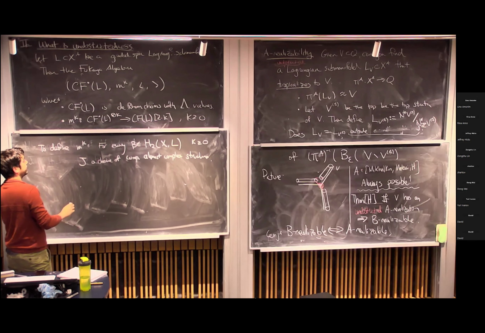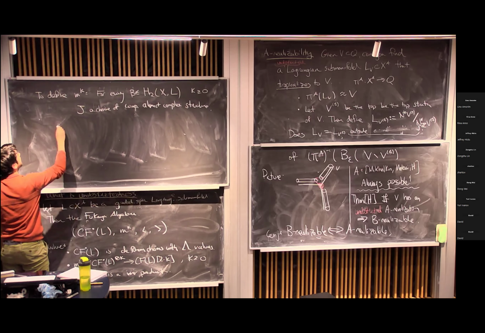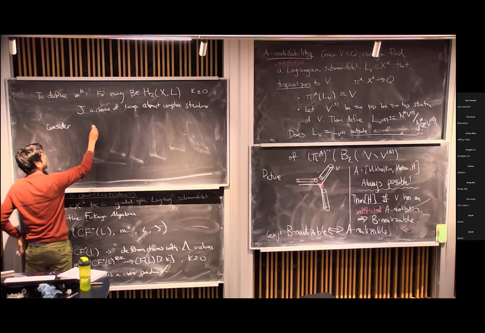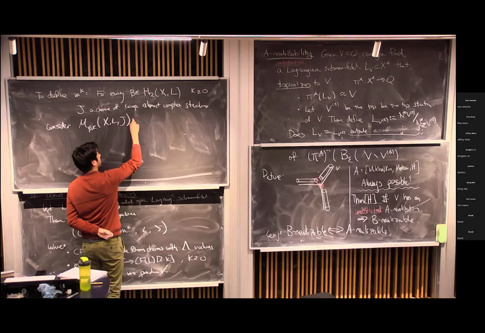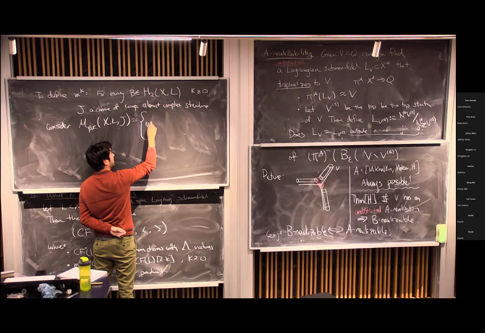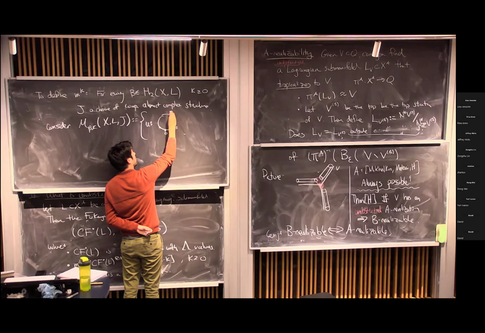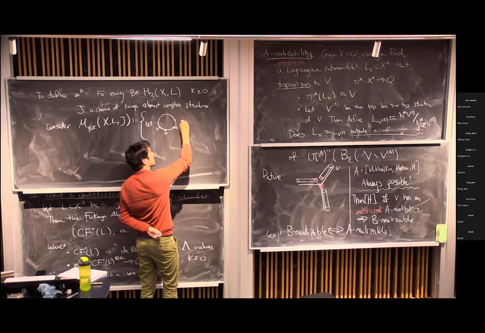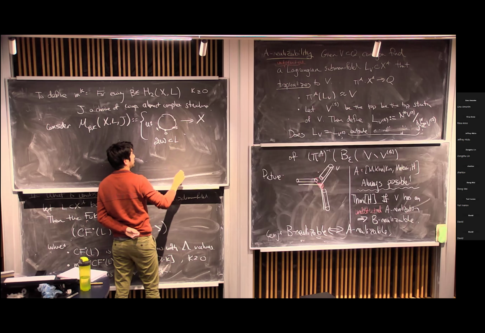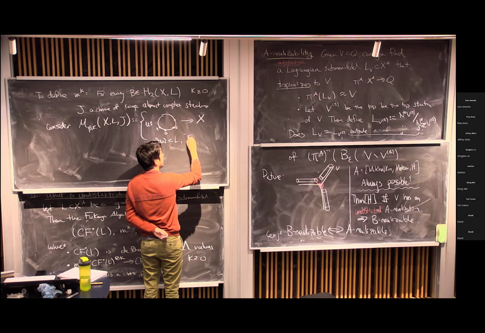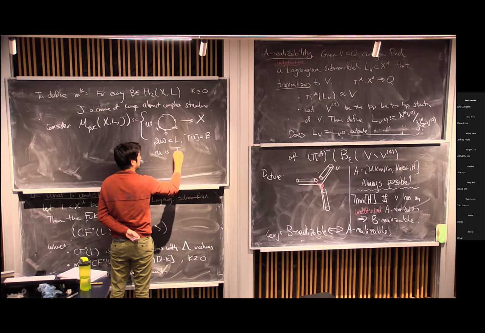I consider the moduli space of maps from a disk with k+1 marked points to X, such that the boundary of the map is a subset of L, and the homology class of the map is beta, and that u is a J-holomorphic map.